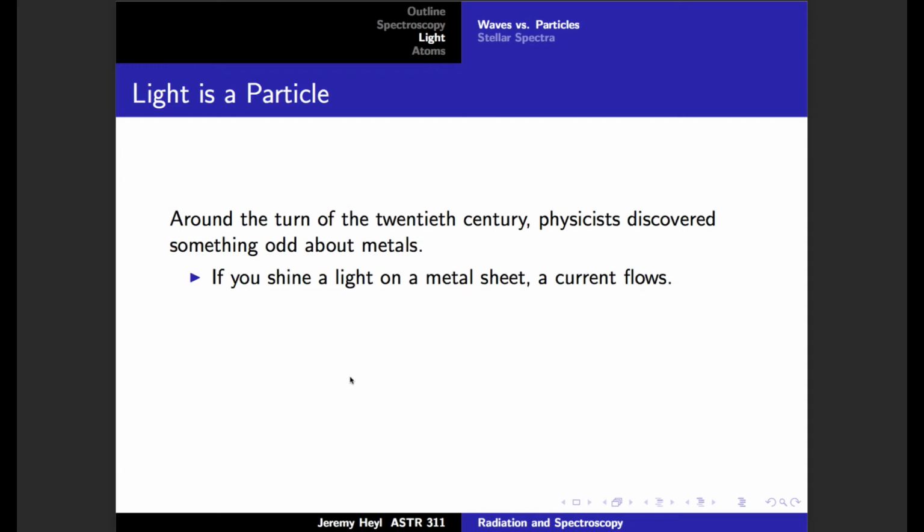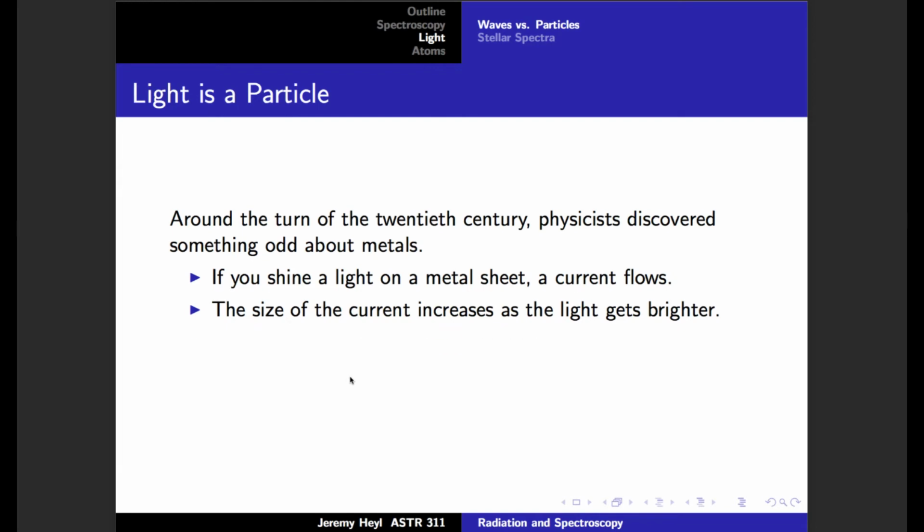If you had a metal, it could be whatever metal you like, and you shine light on it, that light shining on the metal causes a current to flow. But the puzzle was, if you make the light brighter, the current gets bigger.